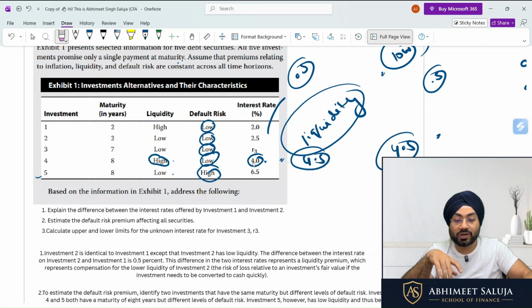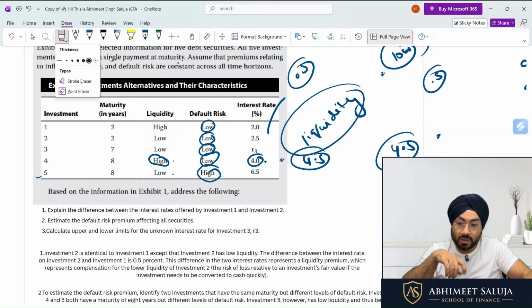Now the interest rate is 4.5, and I have compared it. The difference between the fourth and fifth bond is only the default risk. The fourth has low default risk and the fifth has high default risk, with interest rates of 4.5 and 6.5. So the 2% difference is the compensation for the default risk. Hope this is clear to you.